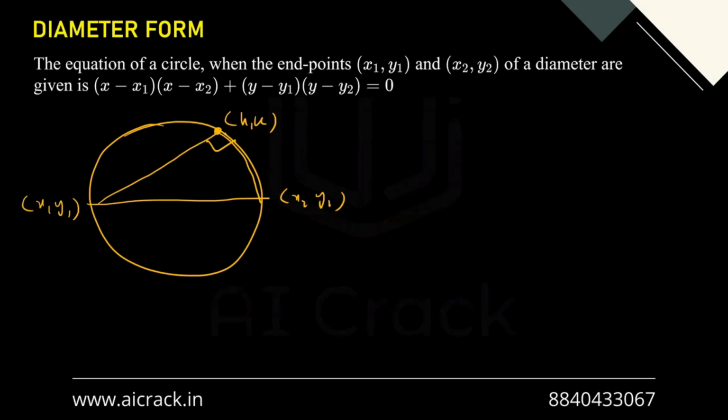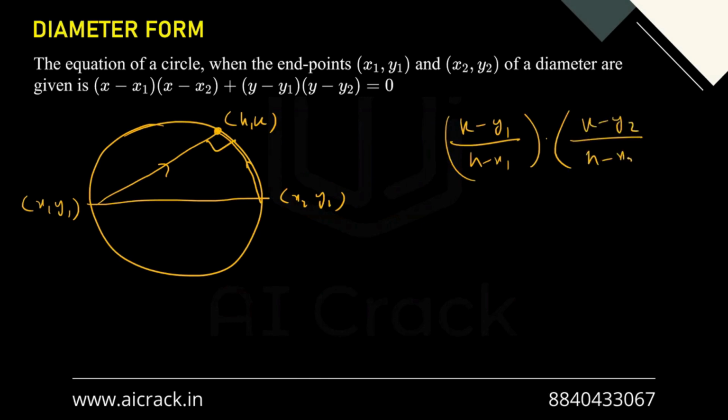So now we can use one property, that product of this slope and this slope should be -1. That's a simple property of perpendicular lines, right? So basically k minus y1 divided by h minus x1 multiplied by k minus y2 divided by h minus x2 equals -1.